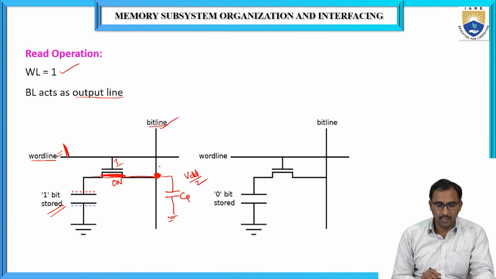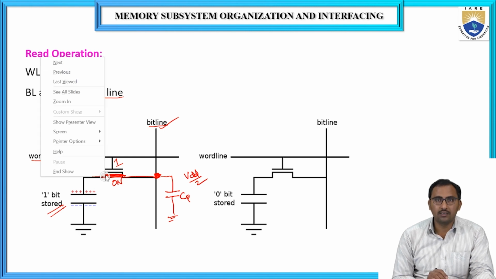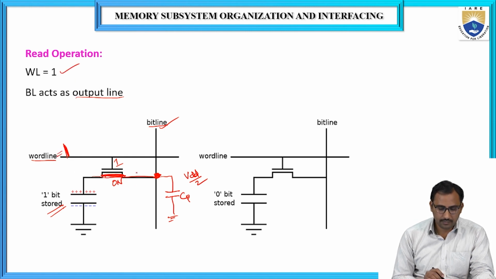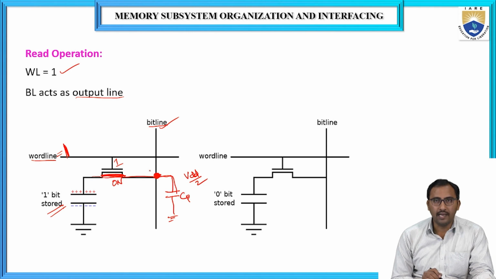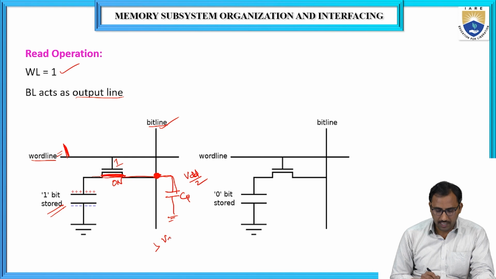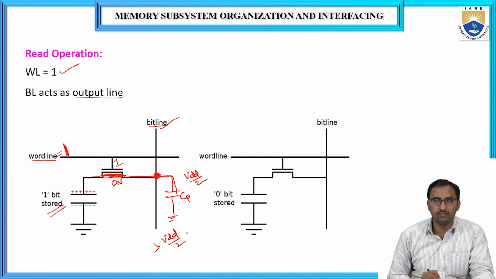So when the pass transistor is turned on, the charge stored in the capacitor will be shared with the bit line. That means the voltage at the bit line will obviously be more than VDD by 2.